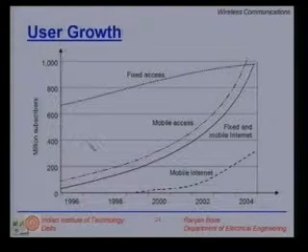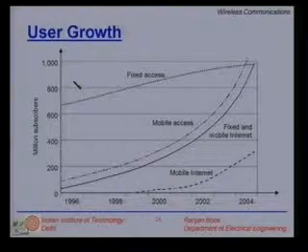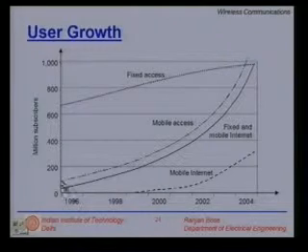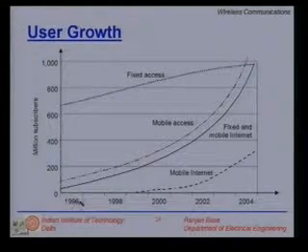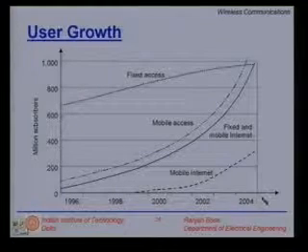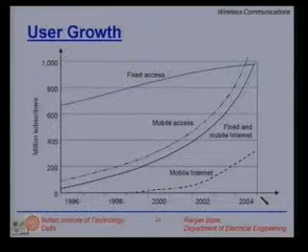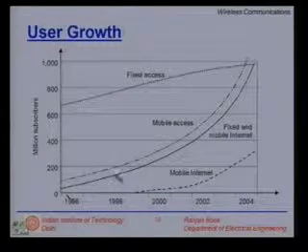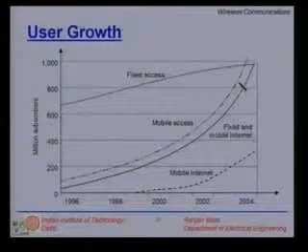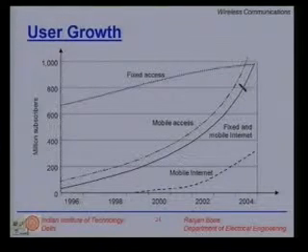This graph tells us the user growth pattern. On the y-axis, we have millions of subscribers. On the x-axis, we have the years, up to 2004. What is to be concluded from this graph is the exponential rise of mobile communication systems.